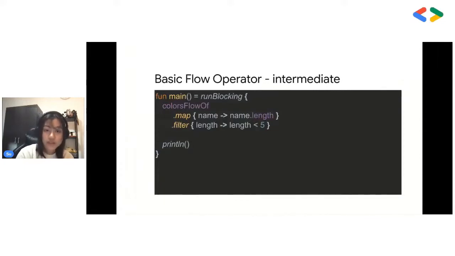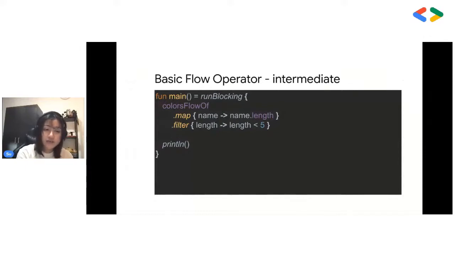Okay, flow operators. There are two kinds of operators in flow, intermediate and terminal. Intermediate operators include map and filter. Map transforms the value. In this example, map transforms the name string variable to an integer. Then you can use filter to select the specific values that meet a condition.